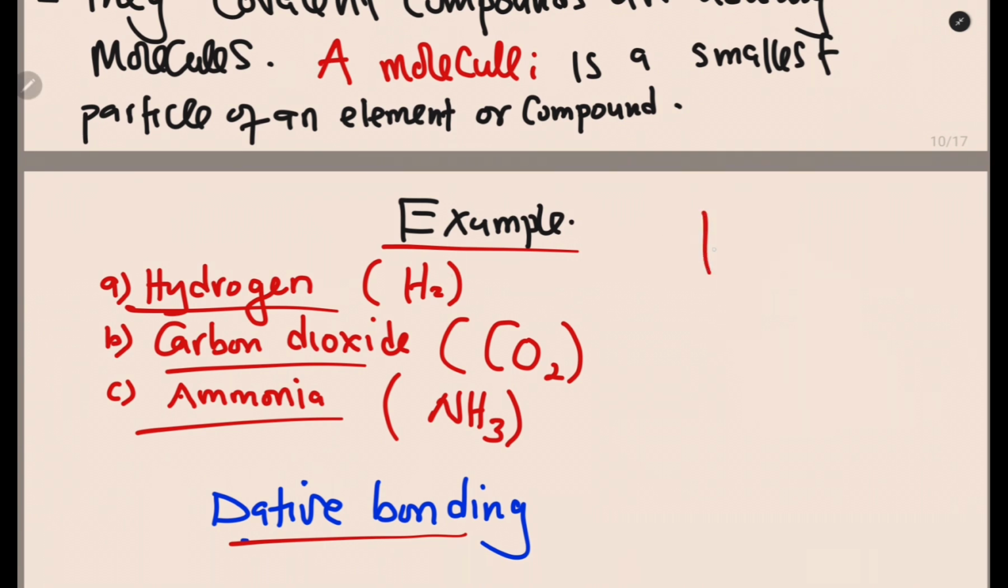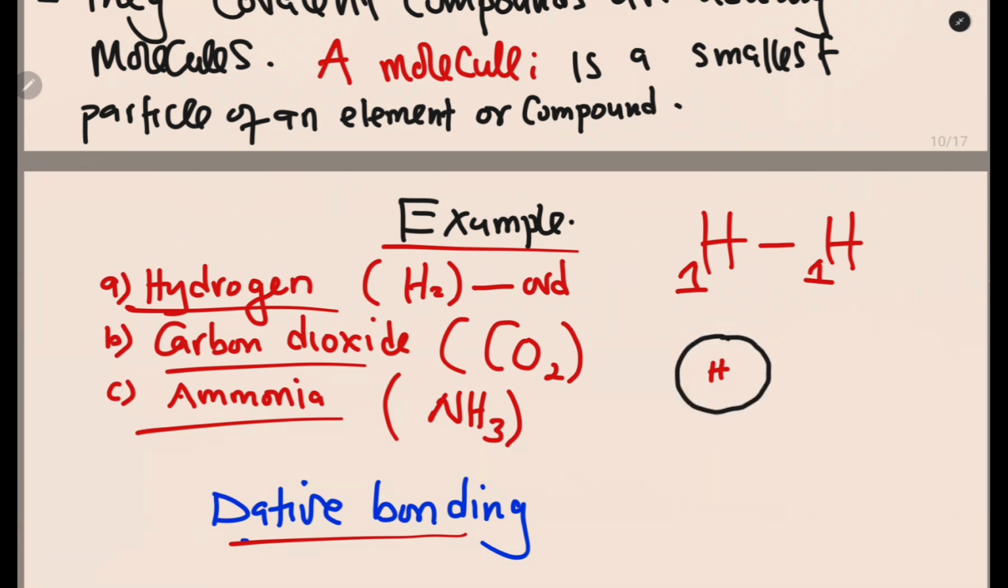If you look at hydrogen, it is a hydrogen atom and a hydrogen atom. Here we are dealing with the ordinary hydrogen, which is hydrogen 1, which has atomic number of 1. If you were to draw the structure for hydrogen 1, which is H, it only has 1 electron in the first shell, and it is not stable because the first shell requires 2.